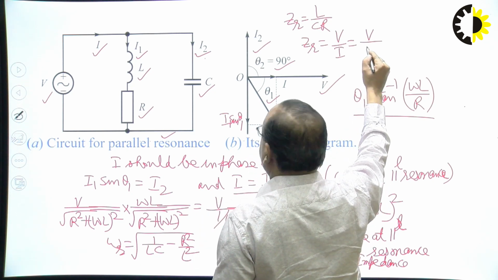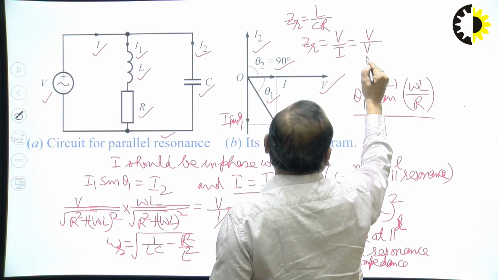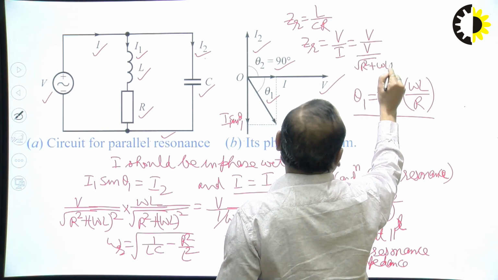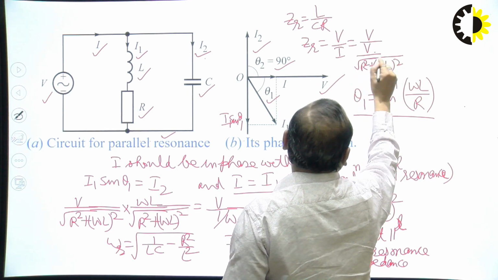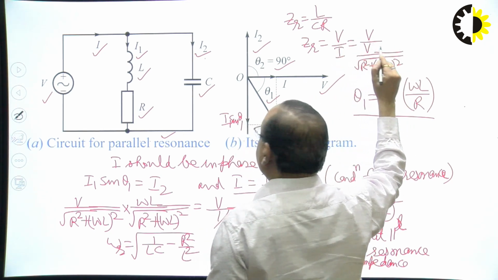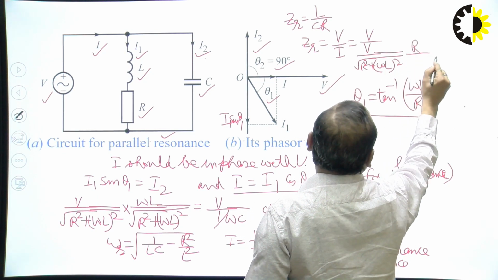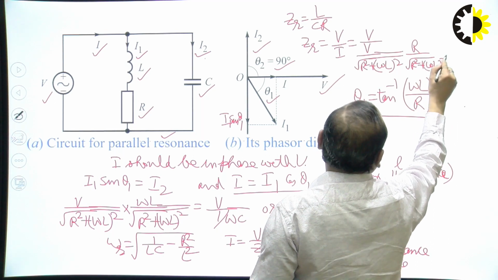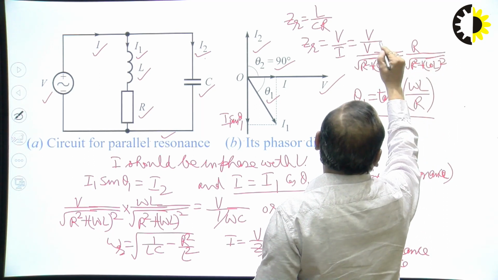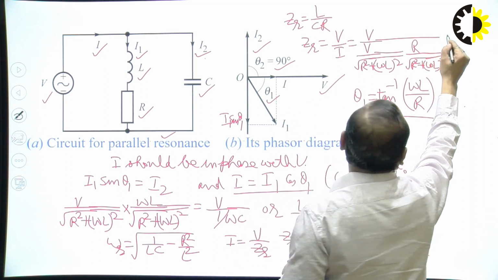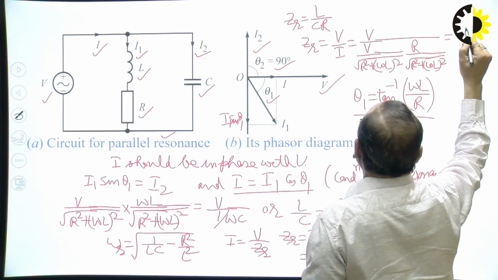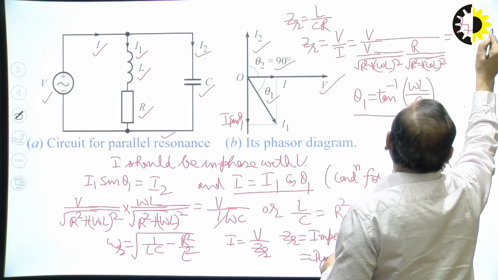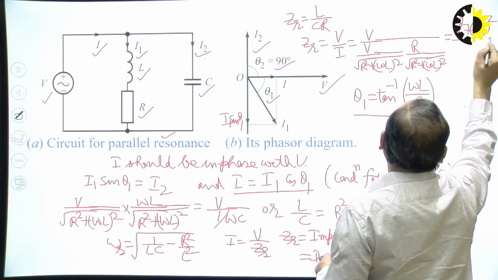So I1 cos theta 1 means V upon under root of R square plus omega L whole square, into cos theta 1, which means R upon under root of R square plus omega L whole square. And on simplification it will come out equal to R square plus omega L whole square divided by R.